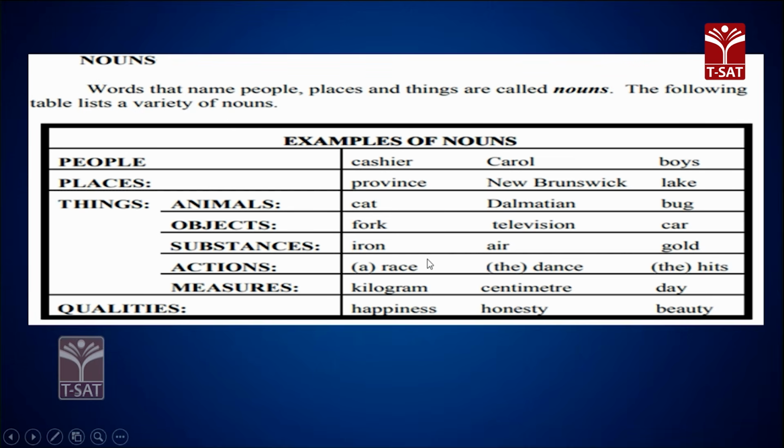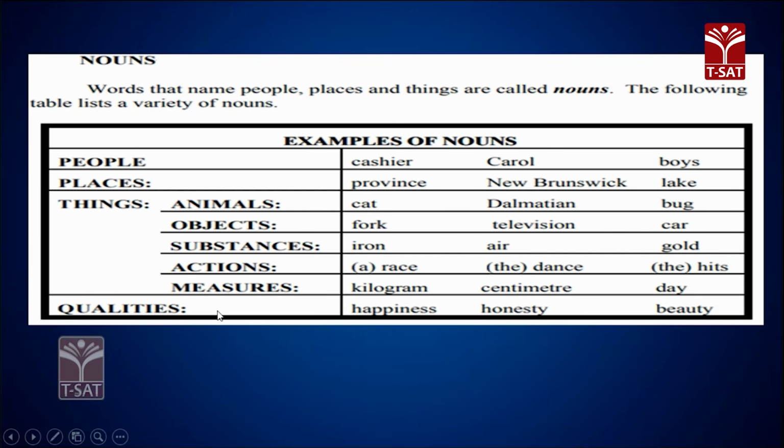Now you see, objects: fork, television, car, pen, book, camera, computer, etc. Now see substances: iron, air, gold, etc. Actions: a race, the dance, etc. Then we have measures: kilogram, centimeter, day.